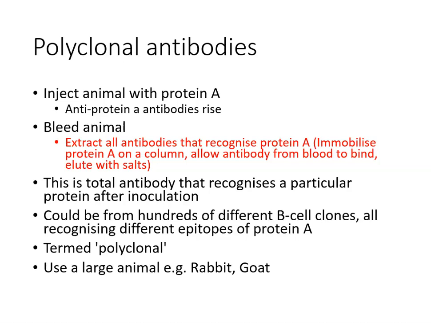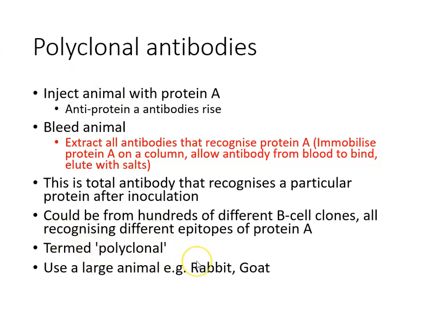We then wash all the excess through with saline and then change the salt concentration to elute off the antibodies that are bound to protein A, and then we end up with a pure preparation of anti-protein A antibodies. Now, if that's done in a goat, that would be called goat anti-protein A.